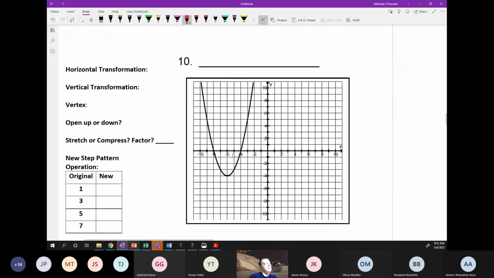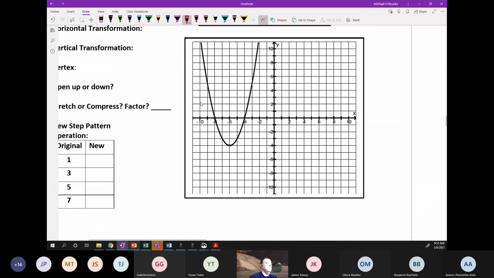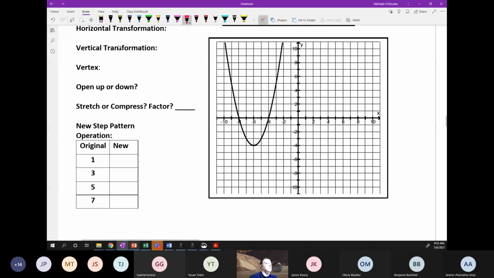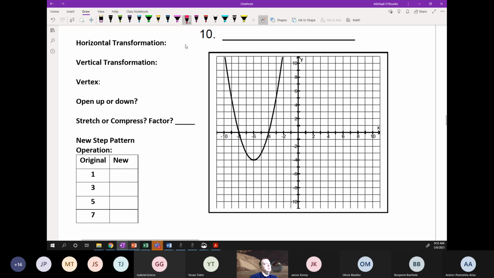Now, for these ones near the end, I gave you the graph. Then I want you to fill in this information. Okay? So let's look at the graph here. Who wants to tell me what my horizontal transformation was for this one?